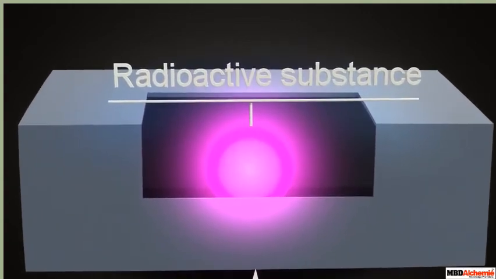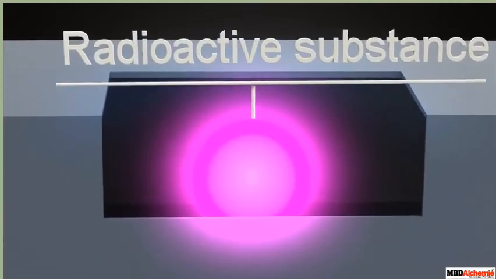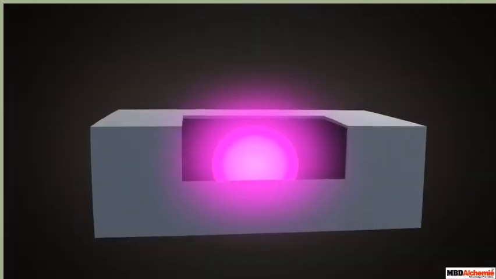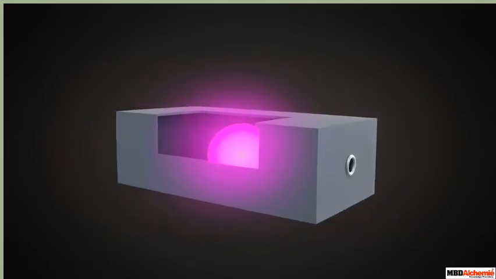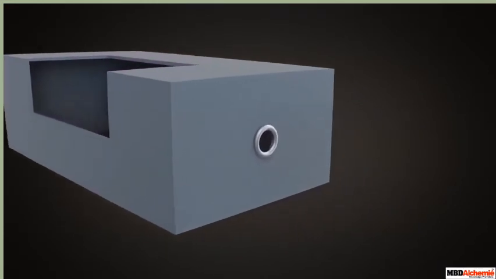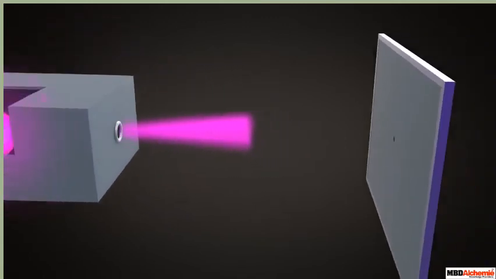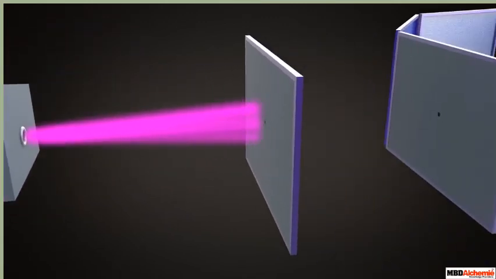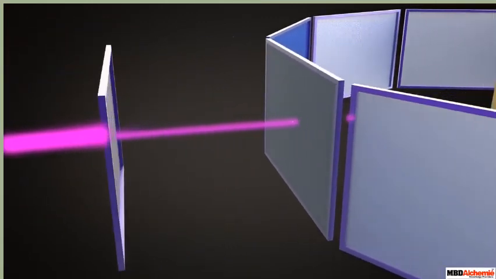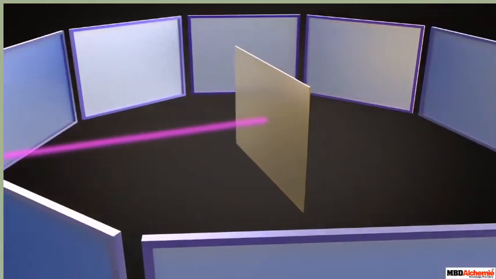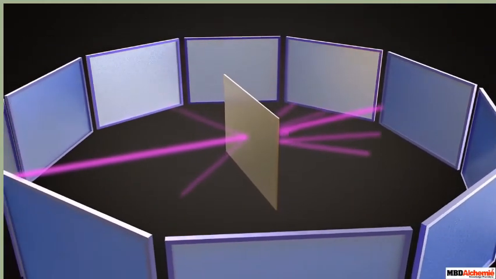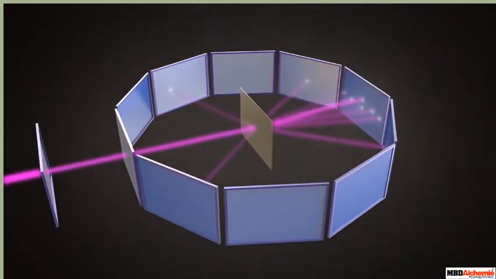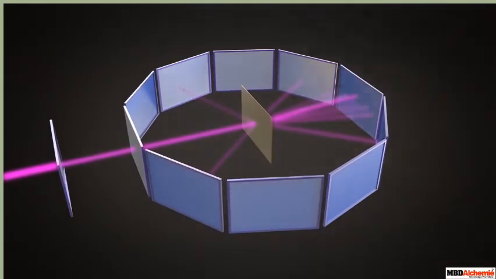Now, let us see the experiment. Alpha particles emitted from the radioactive source passed through the hole and entered into the slit to get streamlined. The thin streams of the particles then bombarded the gold foil and got scattered in different directions. Their scattering pattern was shown by the detector.